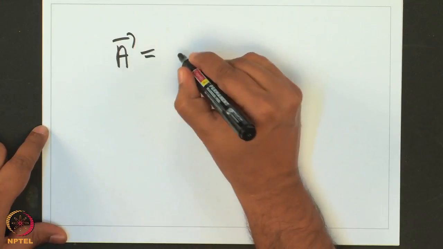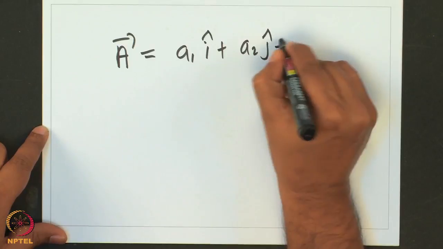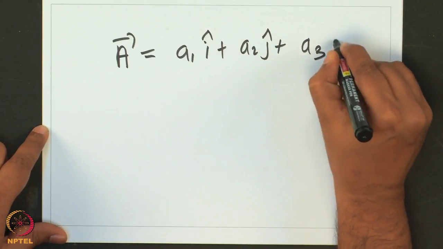It turns out that you can. Just to understand quickly how we get it, you can imagine this a little bit like a vector. Think of a vector A which is a1 i plus a2 j plus a3 k.